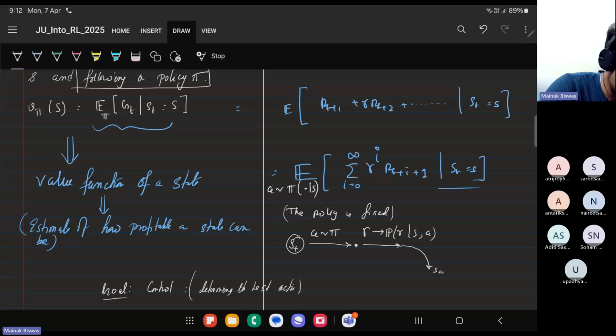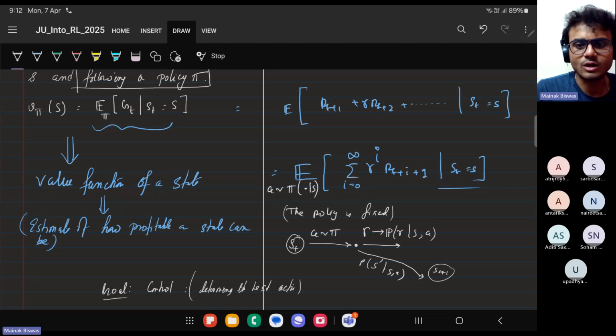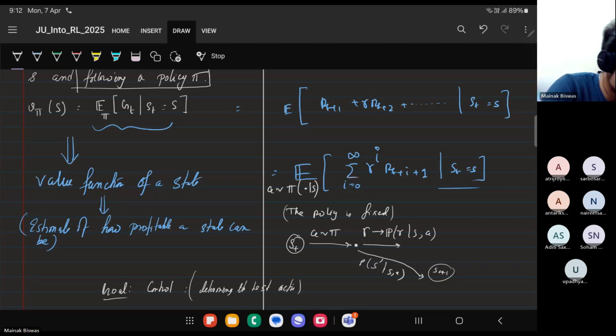And then I go to ST plus 1. That is also based on a probability. That is, you can go from here to here. So just draw this path as probability of S prime given S comma A. And I just separated out the reward and the states.